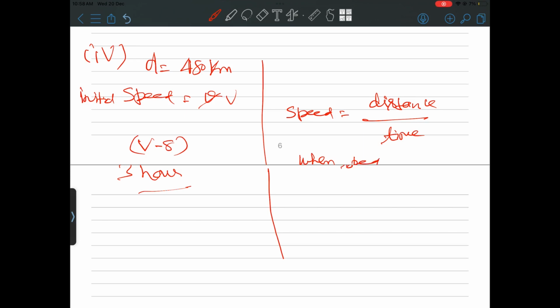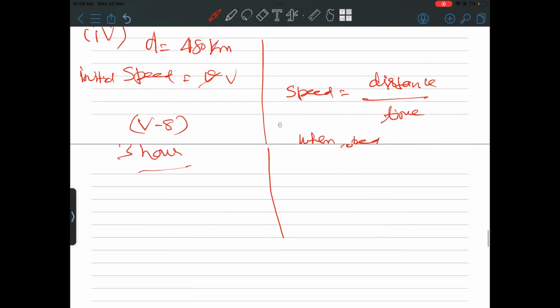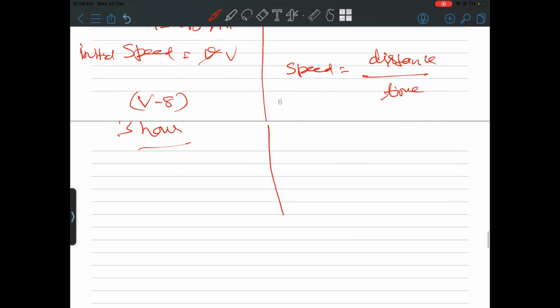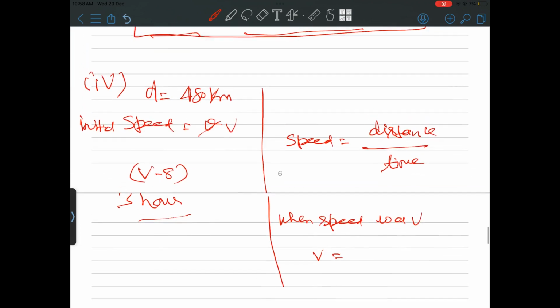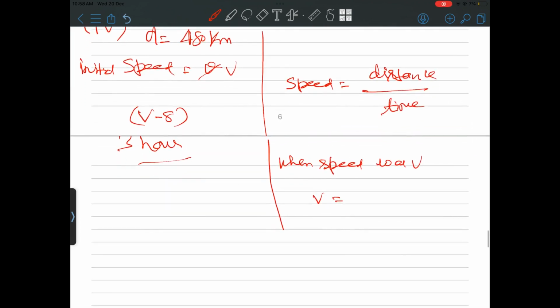When the speed was v, it means v is equal to the distance, which is 480 kilometers, upon time.